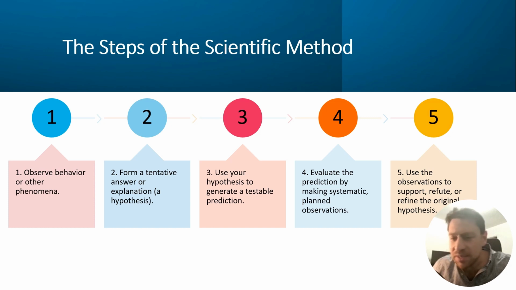And finally, step number 5, use the observations that you derive from this process to support, refute, or refine the original hypothesis. And so then you go back to step 1 and the process begins anew.